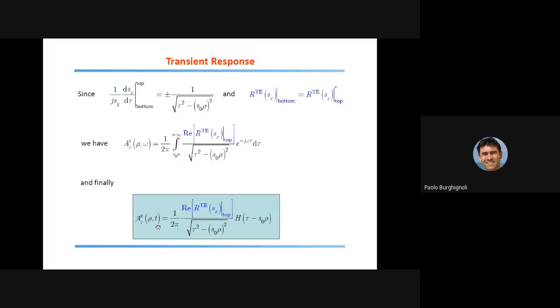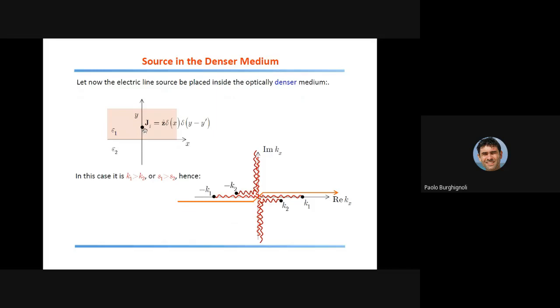Something similar but not exactly equal is done when the source is placed in the optically denser medium. So now assume that your source is located inside the dielectric, which is now medium 1, and vacuum is medium 2. In this case, the situation is opposite in the complex plane because now K1 is larger than K2, so S1 is larger than S2.